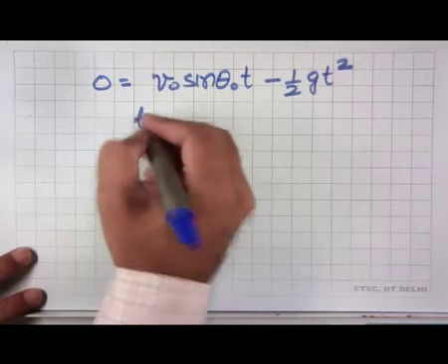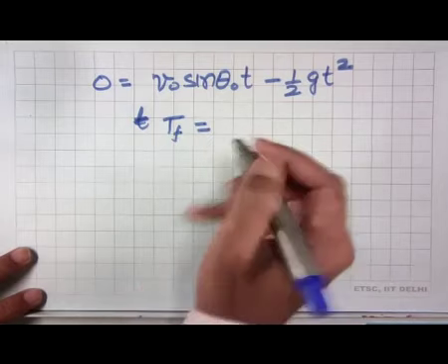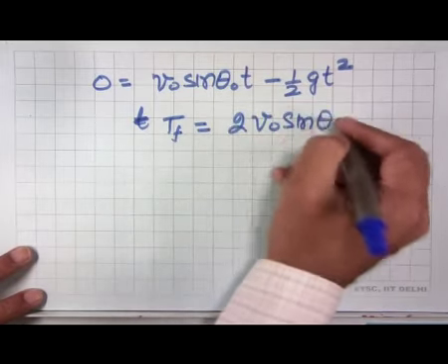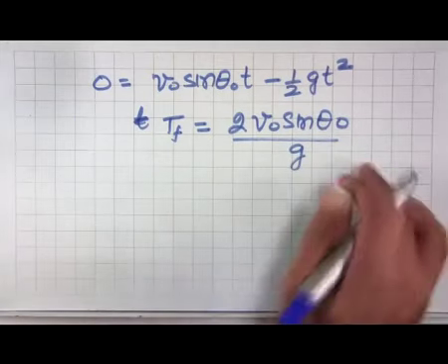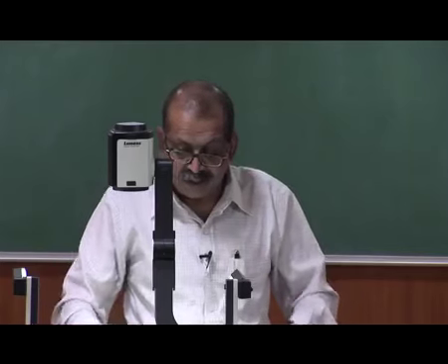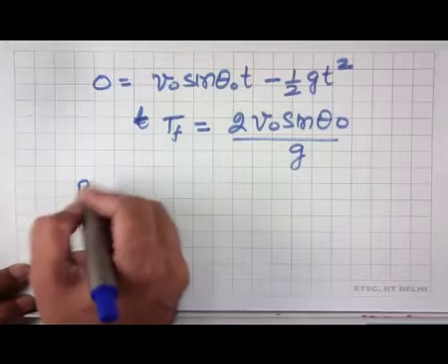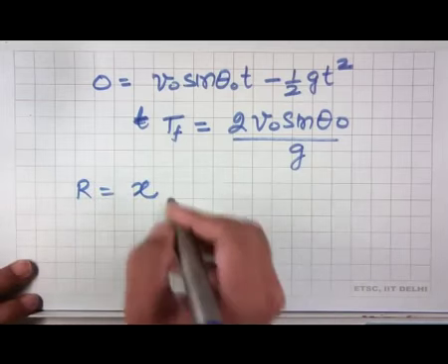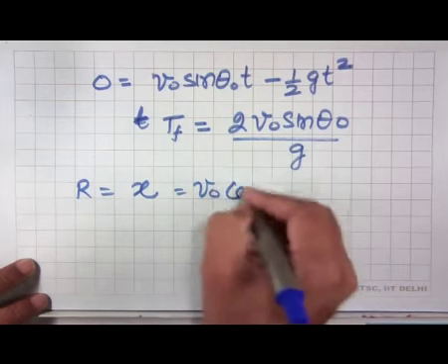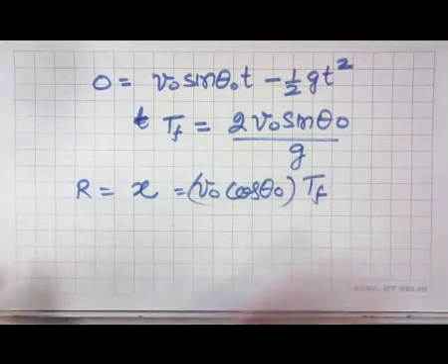So, we will get this time, which is the time for the flight, equal to 2 V0 sin theta 0 upon g, and this we had already said when we worked out the time taken for the maximum height. This is twice of that, and the range will be the x coordinate for this, which will be equal to V0 cos theta 0 times Tf.